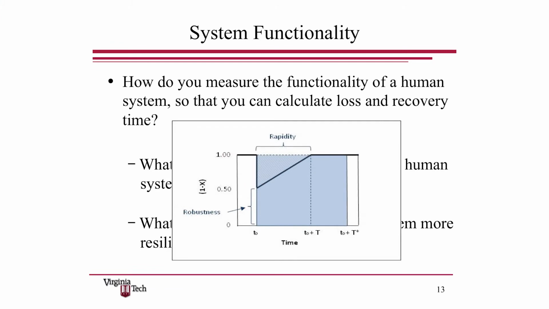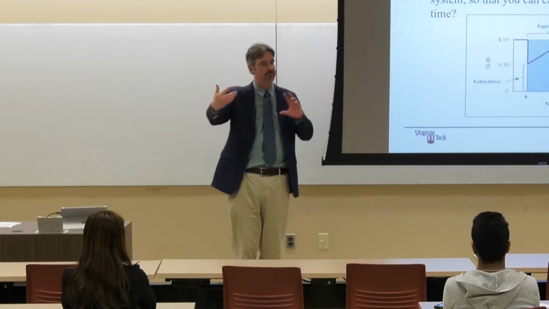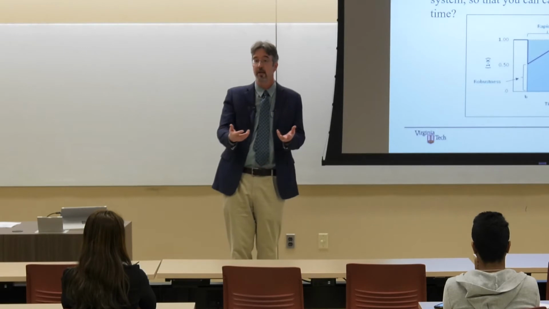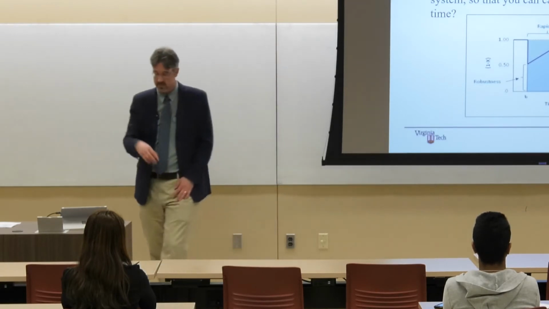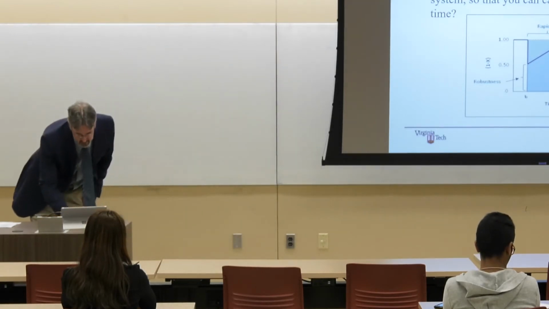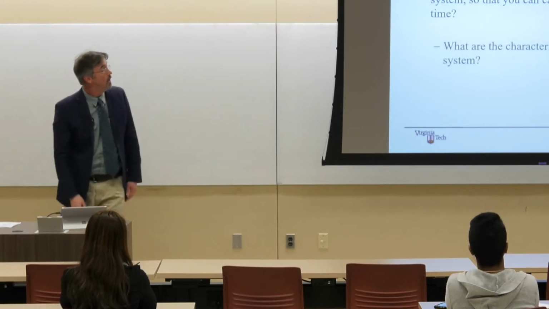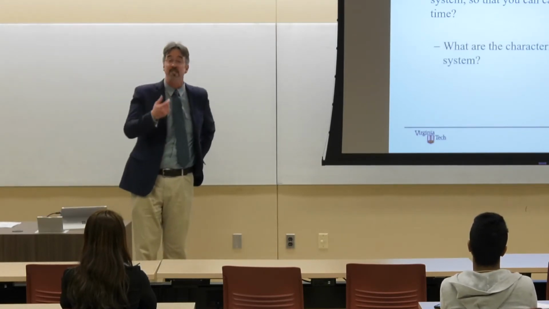And so the issue is how can I measure the functionality of a purely human system? Aspects of the environment within which those humans exist, we can measure this way. But how about a purely human system? Can I do this same thing? That is really the driving question here. Okay, so what makes a human system resilient?